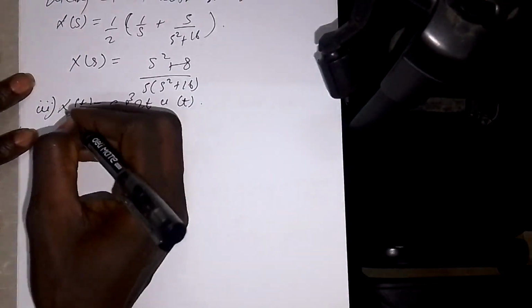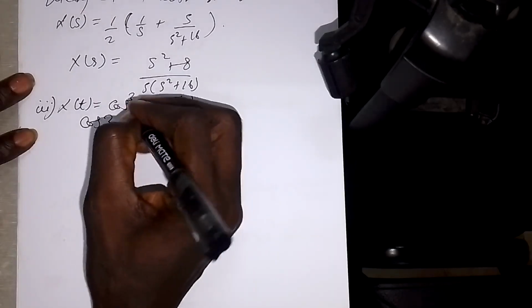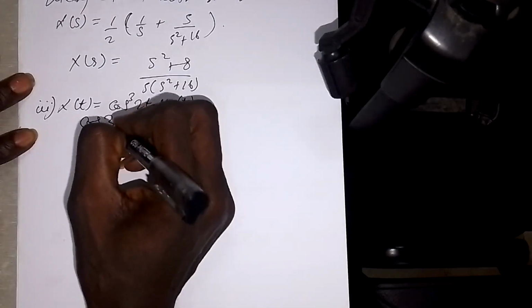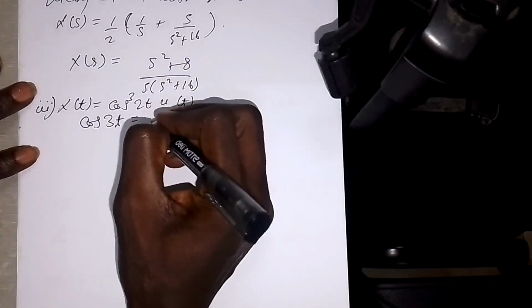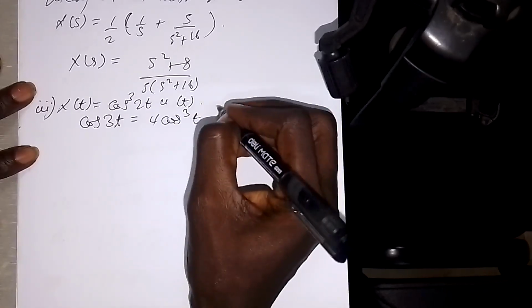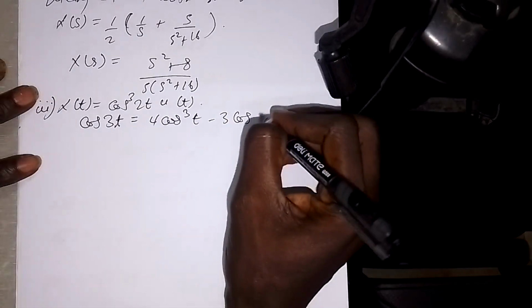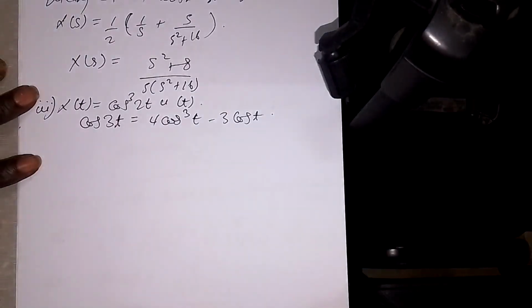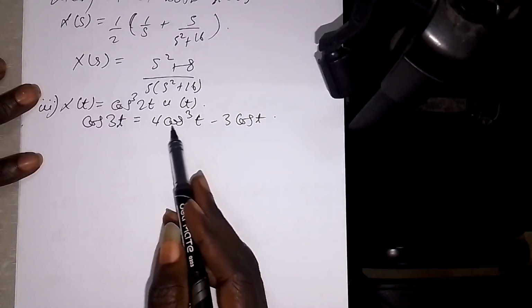So now here, what we know is that cos 3t is actually equal to 4 cos cube t minus 3 cos t. Okay, so from here we can look for this one, which is our interest.